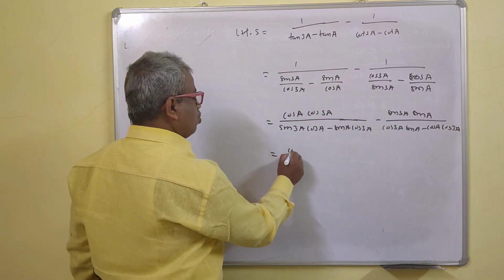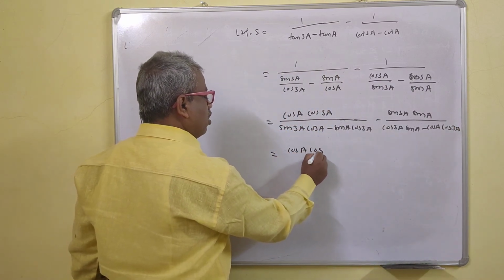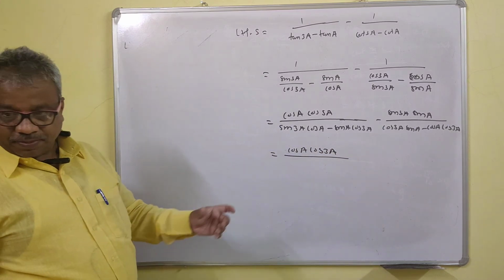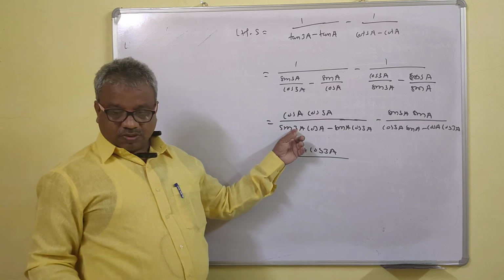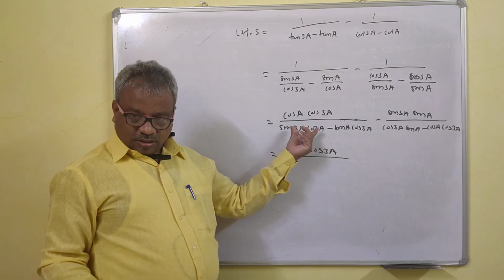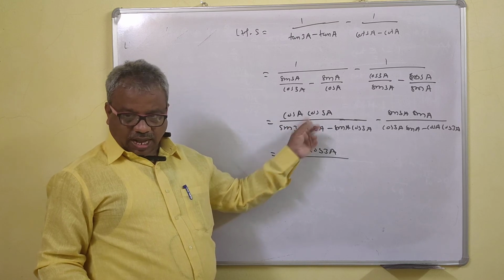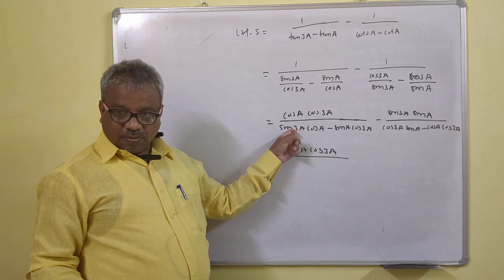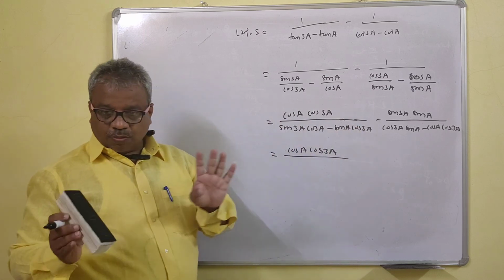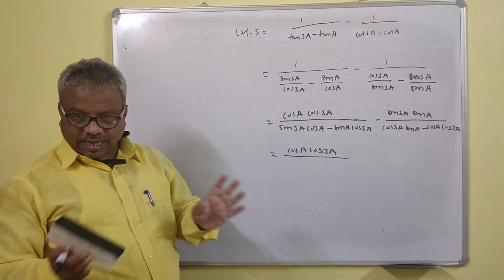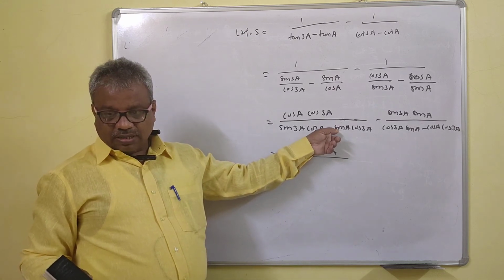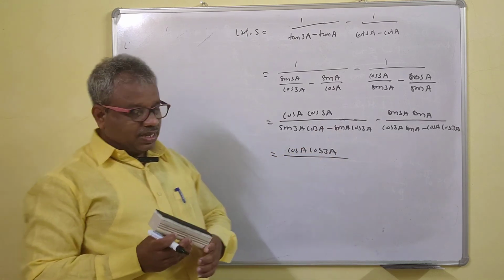So this is cos A cos 3A upon. Now see, this is sin 3A cos A, alternate sin and cos, and the angles are the same. Here the angle of sin is the angle of cos, so the formula for sin(A+B) or sin(A−B) is applicable. The middle one is minus, so sin(A−B) is applicable here.